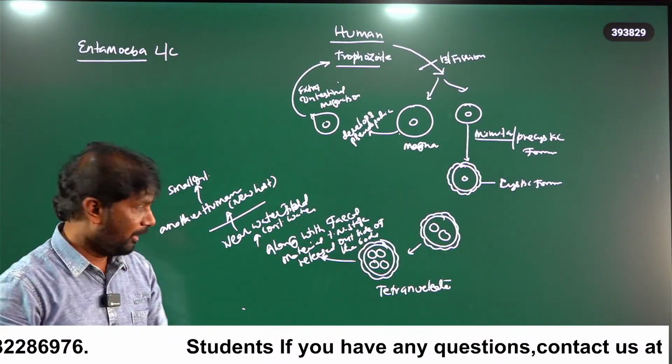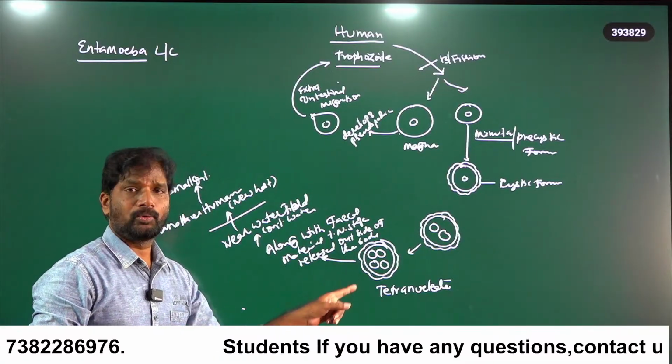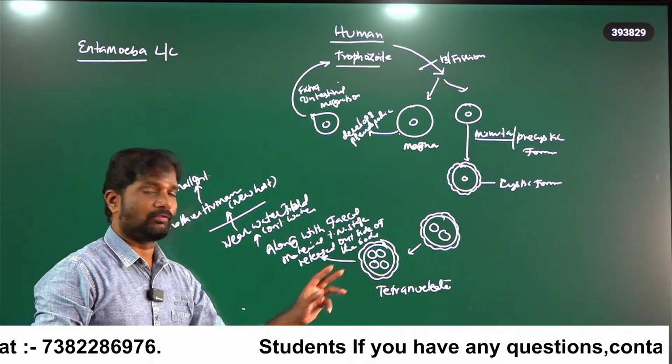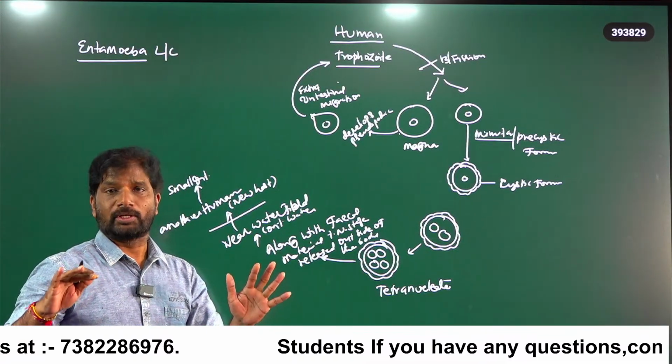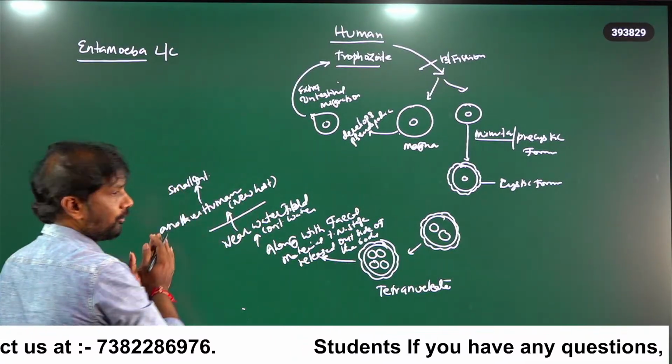Why? Because this tetranucleate stage is composed of a chitinous cyst wall. This cyst wall protects it from the digestive enzymes.